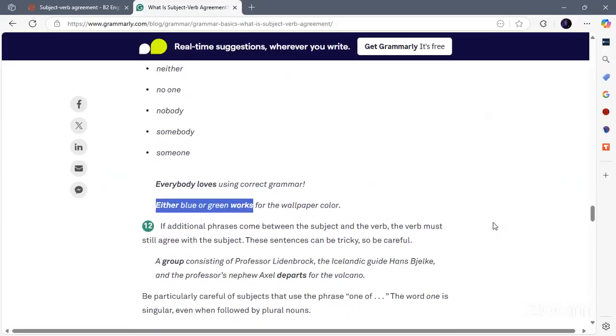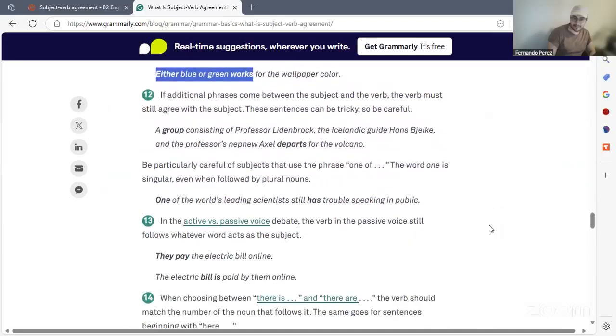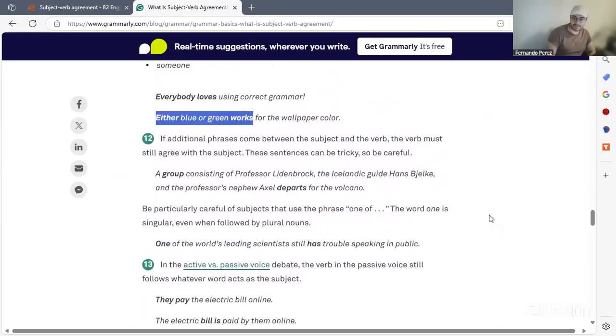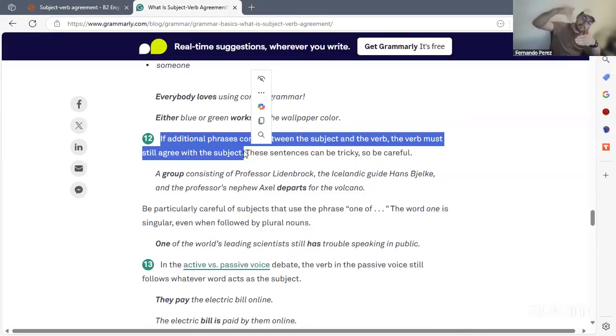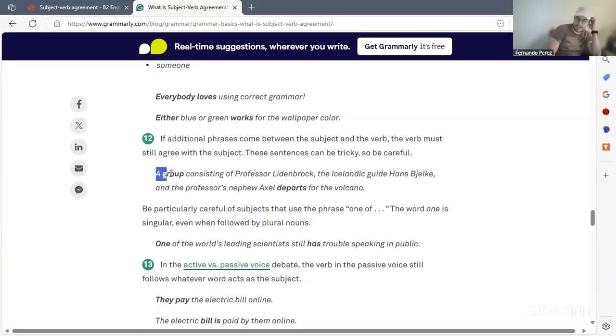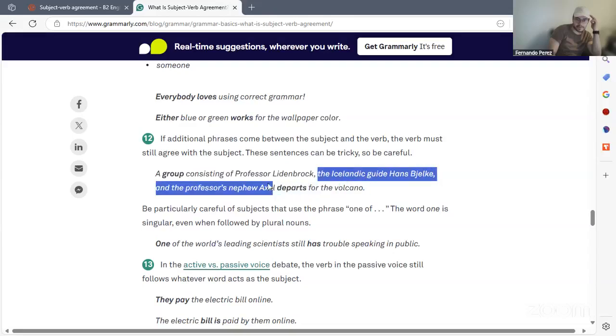And then you have all this information. It says, if additional phrases come between the subject and the verb, the verb must still agree with the subject. Sometimes you have a lot of information between the subject and the verb. Here you have the subject, a group consisting of Professor Lindenbrock, then a comma, and then a massive group of information about the group.